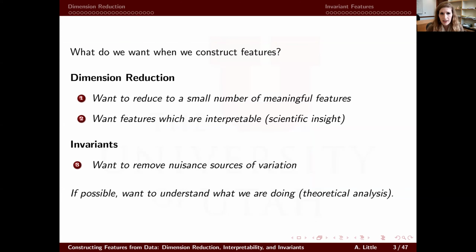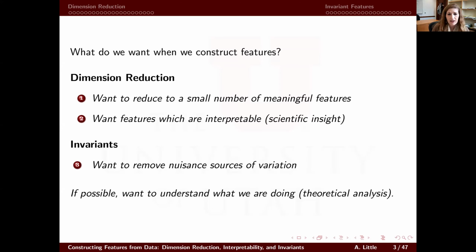So what do we want when we construct features from data? One of the most important things that we want to do is dimension reduction. We want to go from a very large, unmanageable number of features to a small number of meaningful features. If possible, we would like for these features to also be interpretable, to lead to some kind of scientific insight, which would help us make decisions or policies that are relevant in the real world.